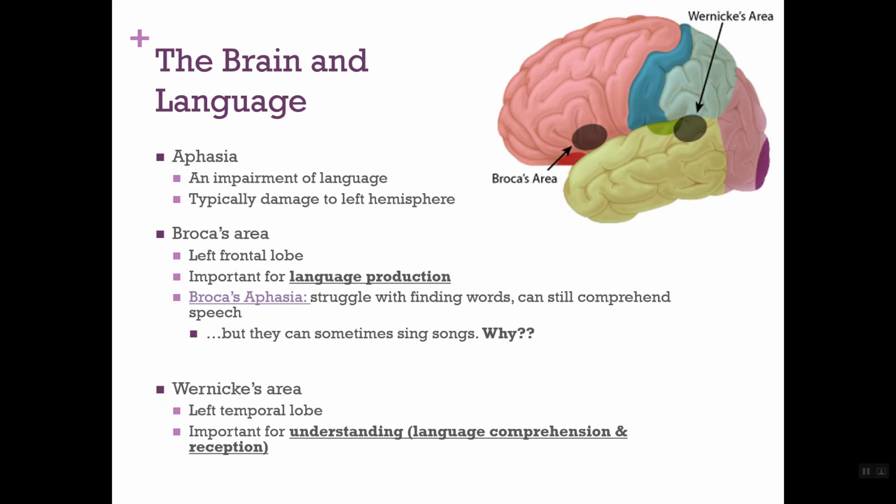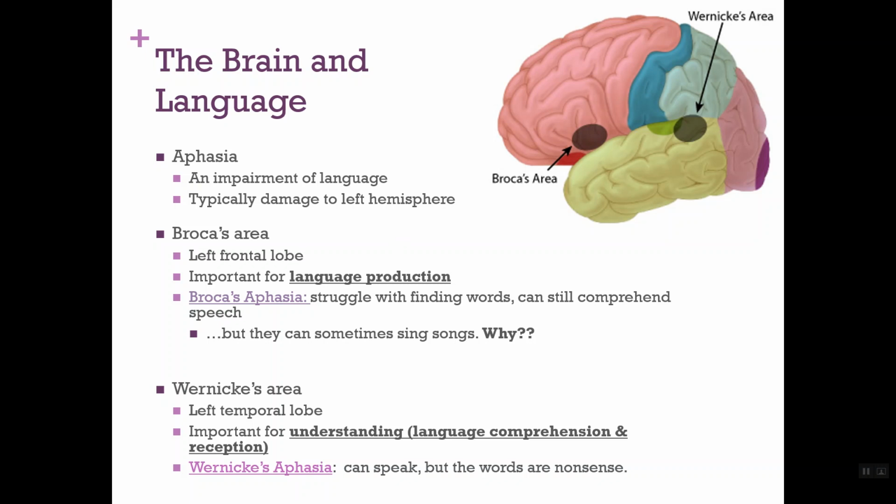So Wernicke's aphasia, an impairment of Wernicke's area in particular, means you're going to have problems understanding written and spoken language. You can produce speech, unlike Broca's aphasia. It's going to come out, but the speech makes no sense. So Wernicke's has to do with understanding.